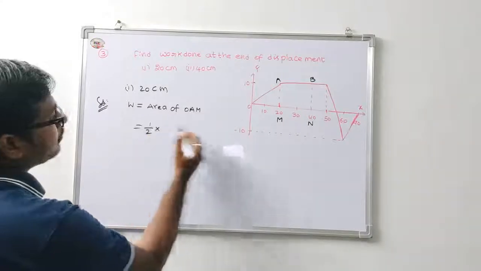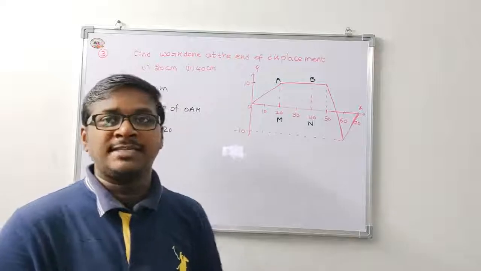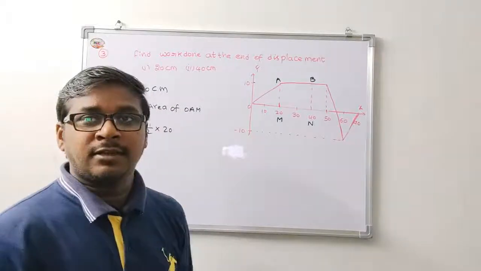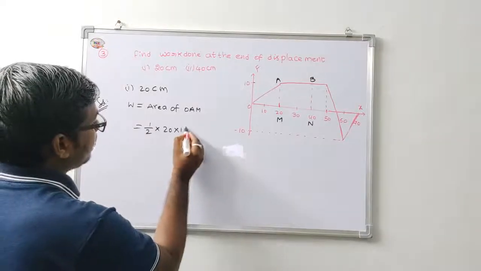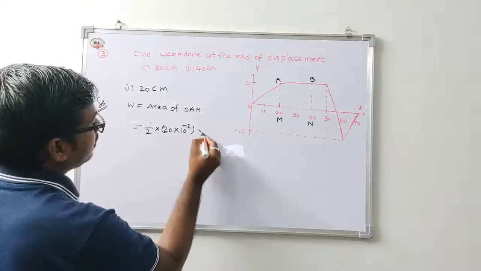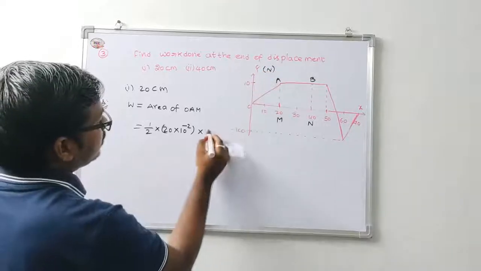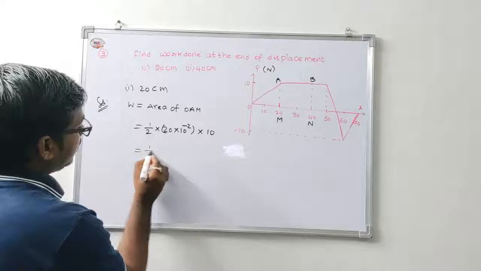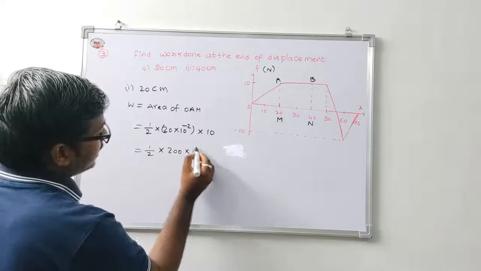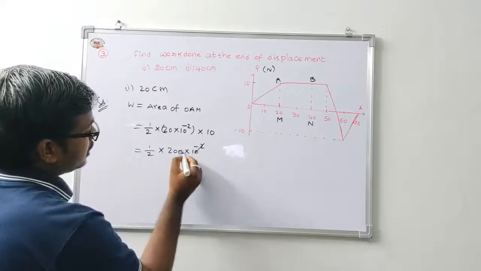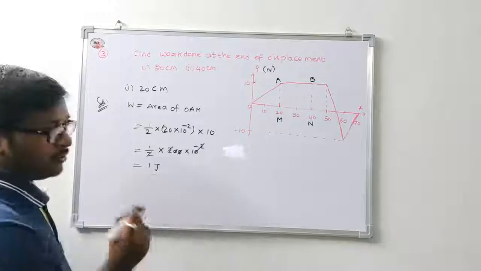Half into base 20 centimeter, to get it into meter, 20 into 10 power minus 2, into the force, which is 10 Newton. Half into 200 into 10 power minus 2. These 2 and 2 zeros cancel, so the remaining is 1 joule.